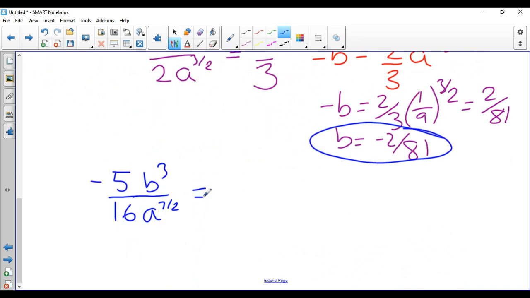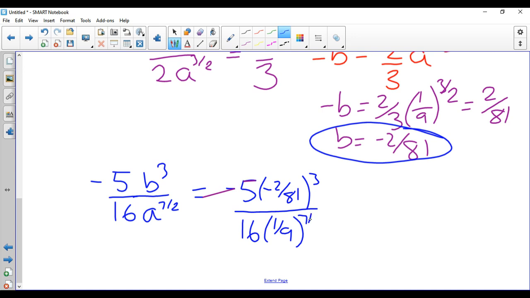So that is minus 5 lots of, sorry, ignore the extra lines, I think I lent on my mouse pad. 5 lots of b was minus 2 over 81 cubed over 16 lots of a ninth to the 7 over 2. And if you stick that whole lot in your calculator, you should get 5 over 486, which is the answer you're looking for.